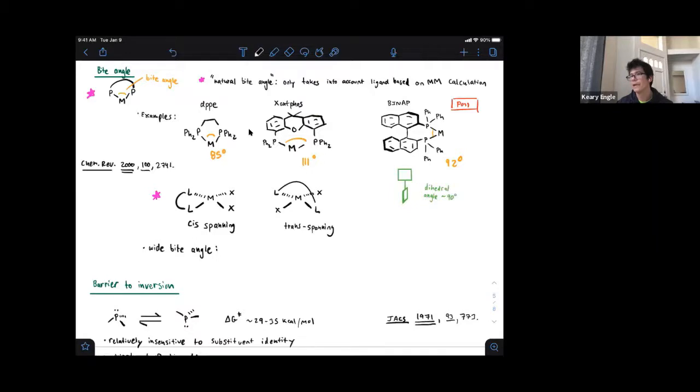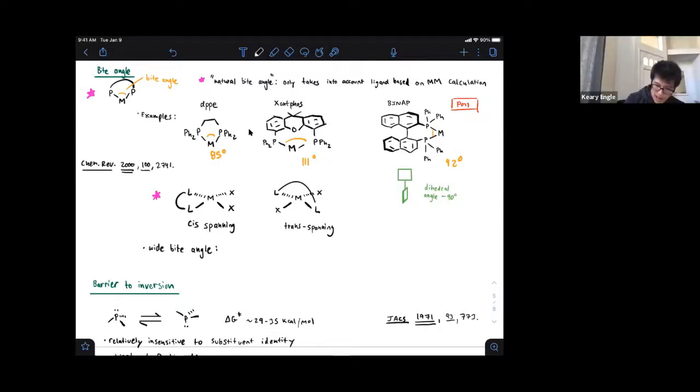I guess Xantphos is probably close to the border because it can be cis-spanning or trans-spanning. There are some that are exclusively trans-spanning that have wider bite angles. Xantphos is kind of like this. There are some that are like this, and they can only be trans-spanning or monodentate. So I would guess Xantphos is close to a borderline case. Thanks. Yeah.